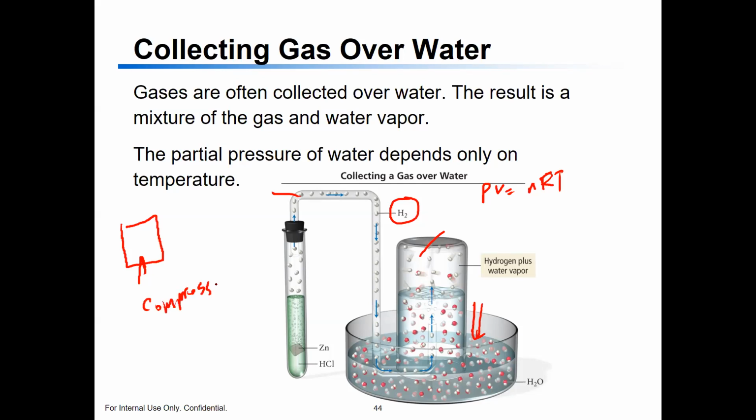What happens when I compress it? The particles are going to go farther apart or closer together? Closer. When I put these particles closer together, do they behave like a gas, or like a liquid or a solid?